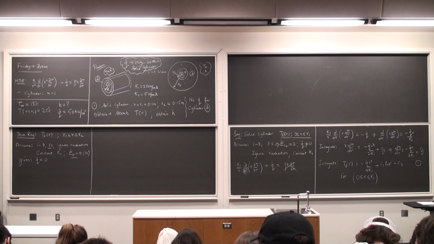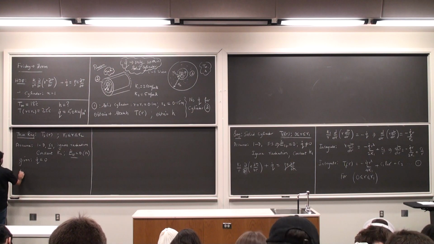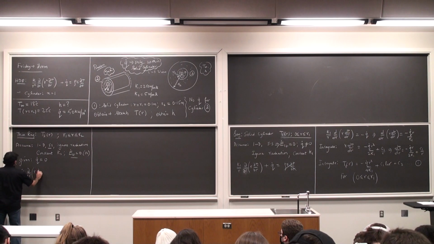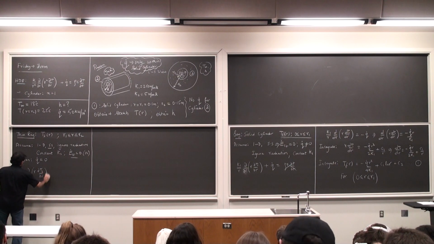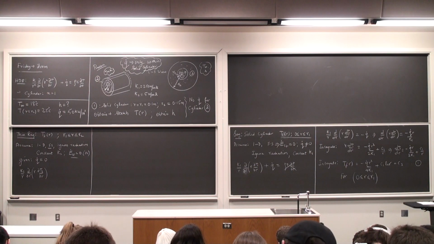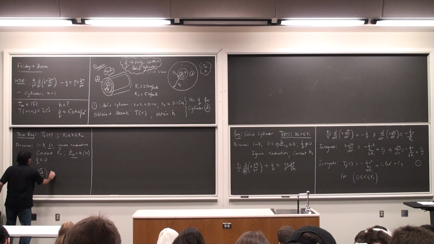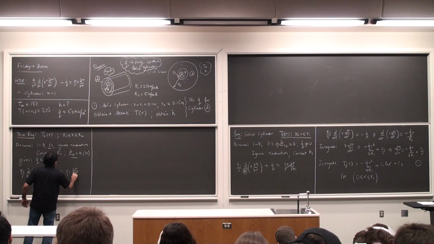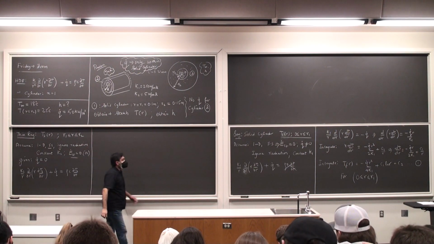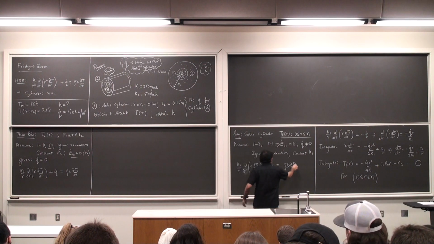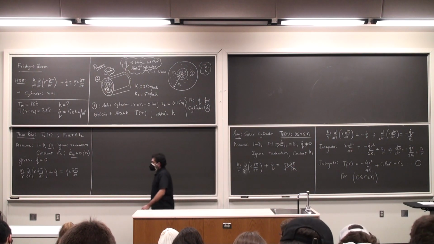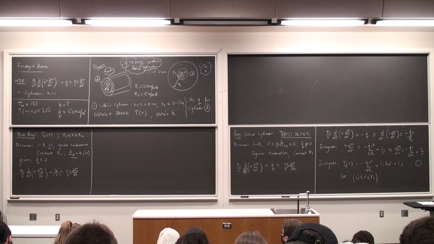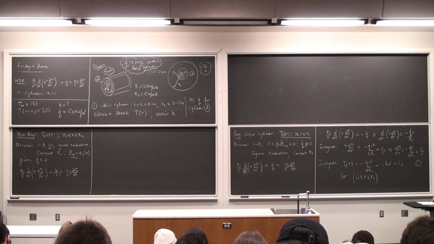Once again start off with the general heat diffusion equation: K2 by r, d by dr of r times dT2 by dr, because second temperature we are looking at, plus Q dot is rho C dT2 by dt. This is supposed to be a T2 here. Q dot is 0, steady state, so those cancel off.